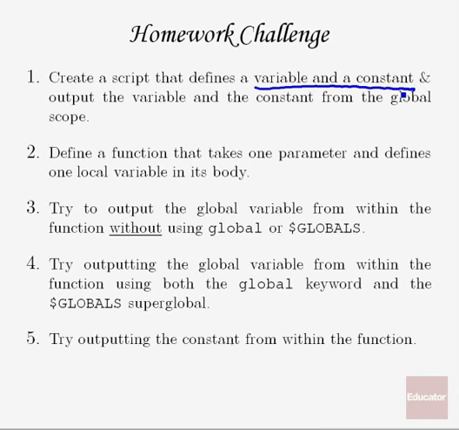Then define a function that takes one parameter and also defines one local variable within its function body. Within the function, also try to output the global variable that you defined in step 1 without using the global keyword or the global array.